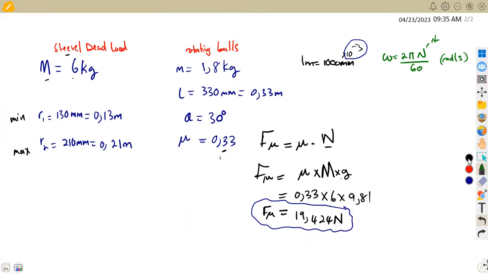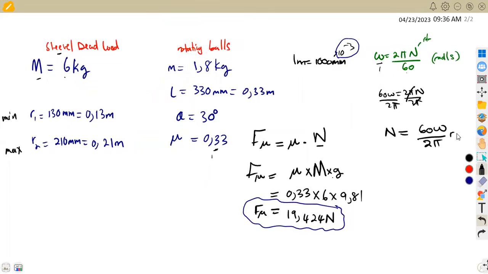So by manipulating this formula, if you cross multiply by 60, we have 60 omega equal to 2 pi N. So we can divide by 2 pi to obtain N. That means our N is equivalent to 60 omega over 2 pi, which is measured in revs per minute. So these two are very, very important to know: the conversion from omega to N and the conversion from N to omega. This is very, very important in our calculation.